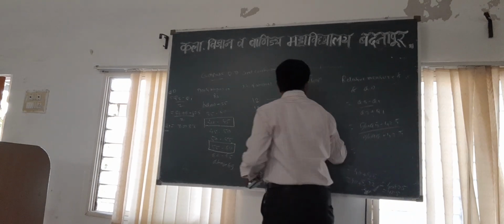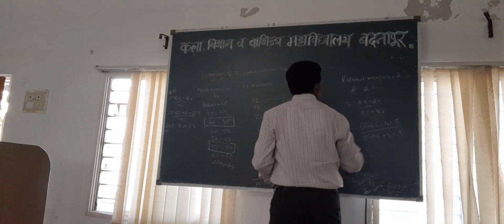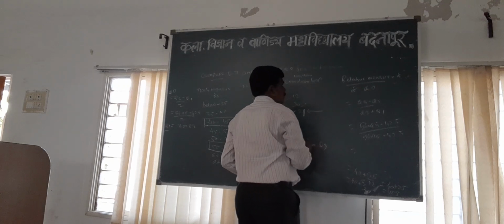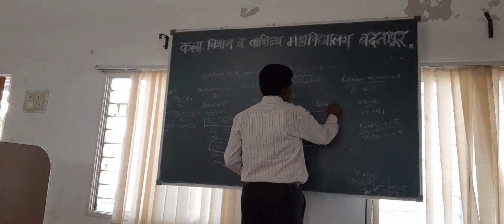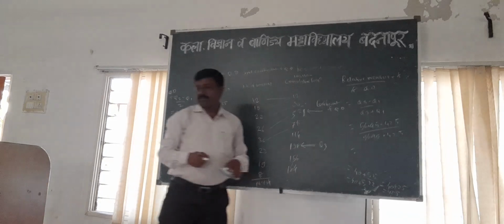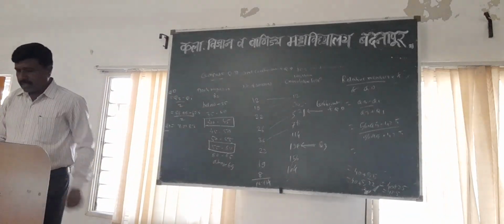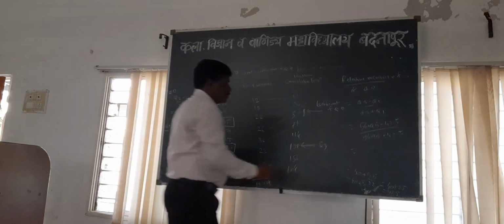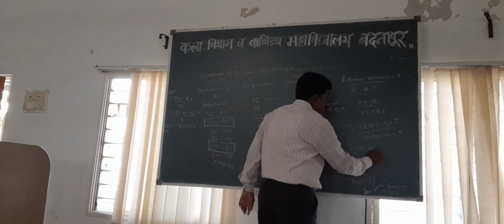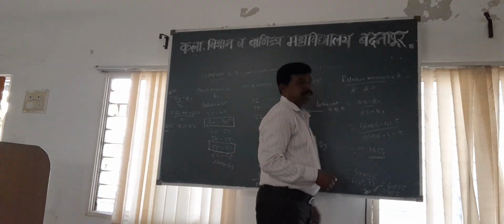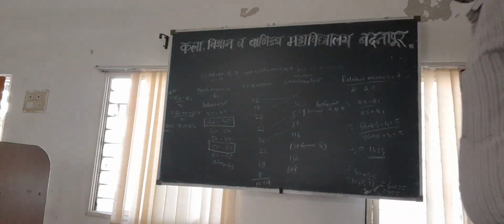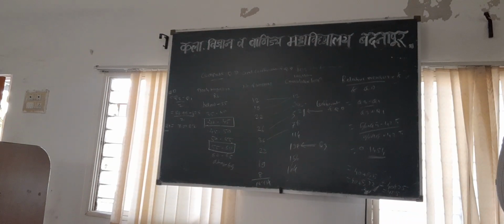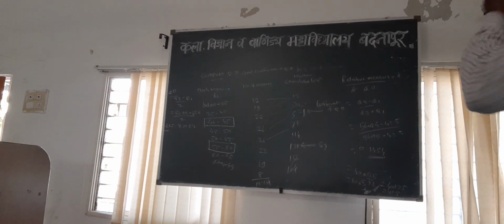That is the coefficient of quartile deviation, and it is 0.4056. That is the quartile deviation for a continuous frequency distribution.